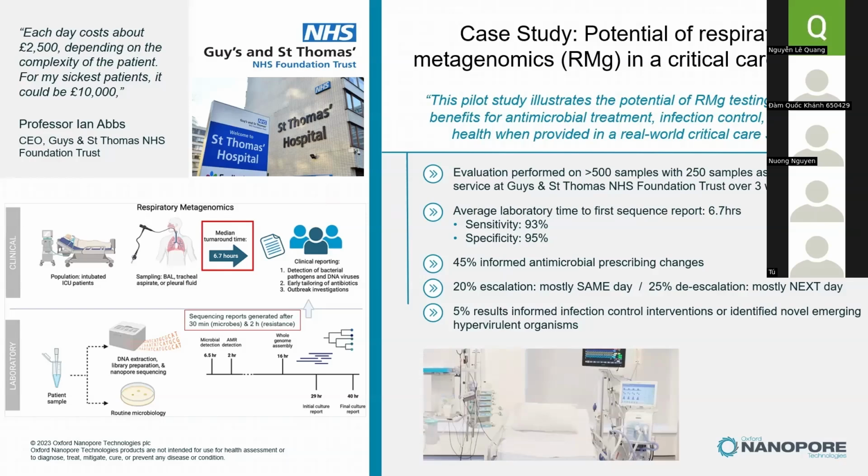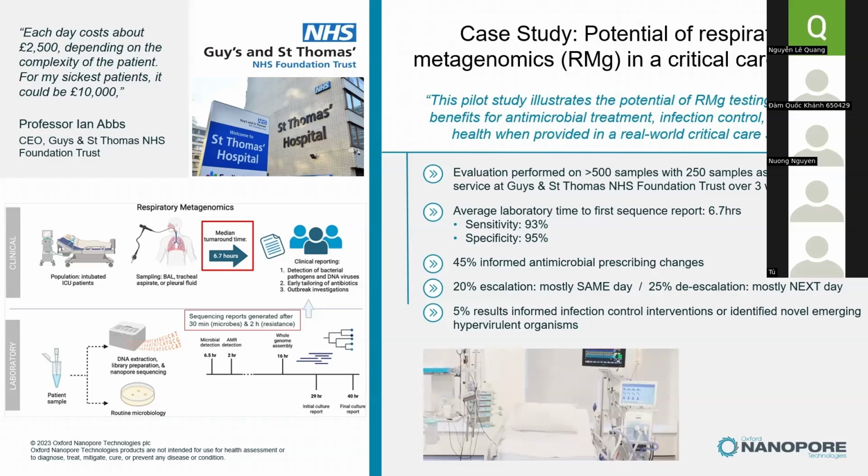Respiratory metagenomics so far has shown promise as a first-line diagnostic tool for lower respiratory tract infections, with the ability to detect all the pathogens and offer resistance profiles to assist with infection control and public health measures.